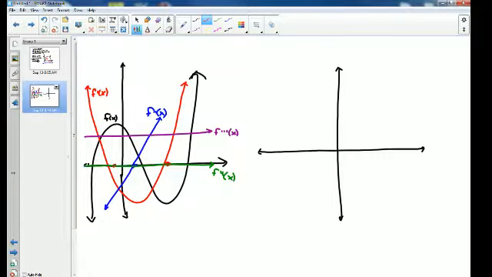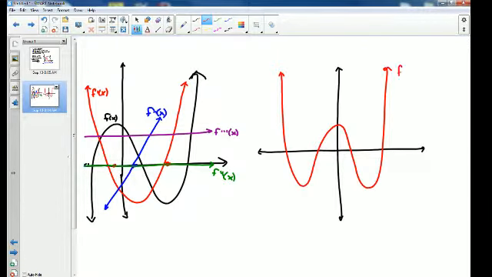In fact, I'd probably die soon. Let me think of a good function here to use. This is the derivative.